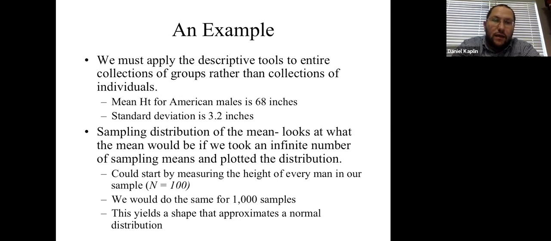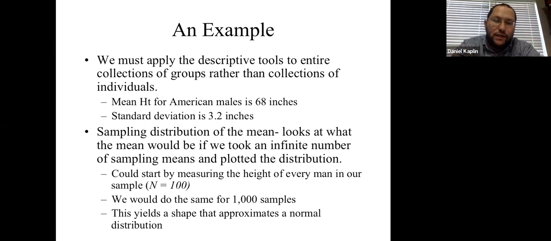So if we had an individual sample, we could compare it relative to the population mean of 68 inches and a population standard deviation of 3.2 inches. We could also do a whole host of distributions like we talked about. Really, the bell curve is a whole bunch of normal distributions, and the average of all the distributions is usually what the population mean and standard deviation land on.